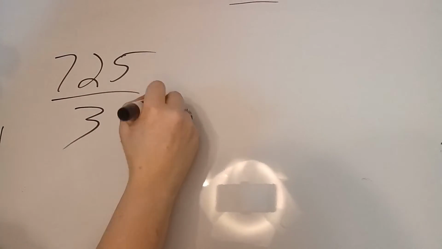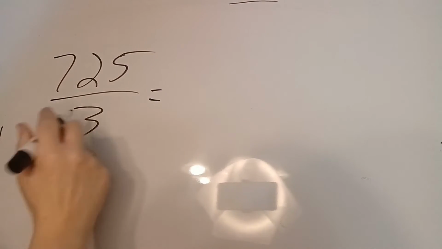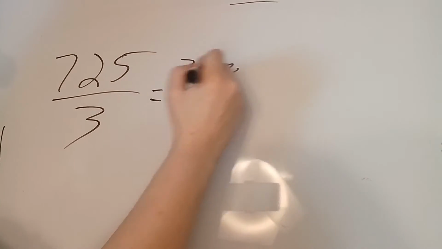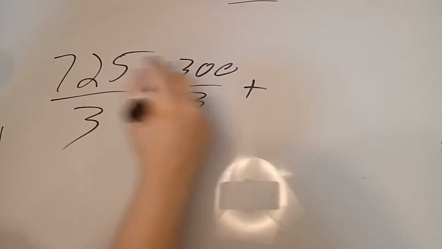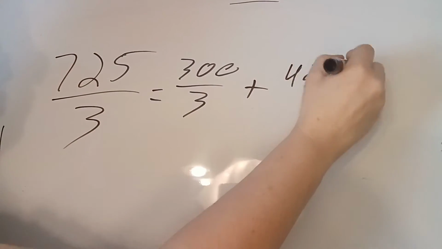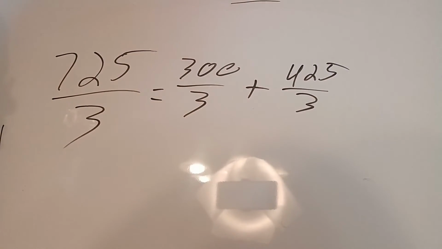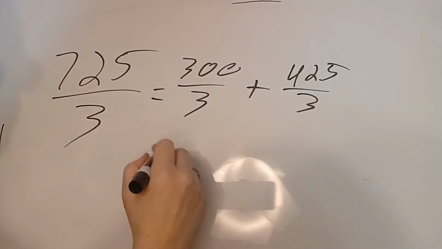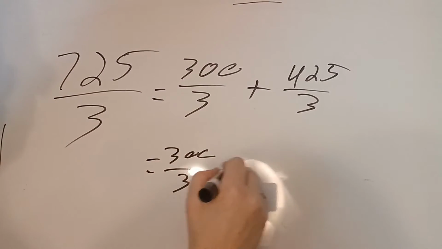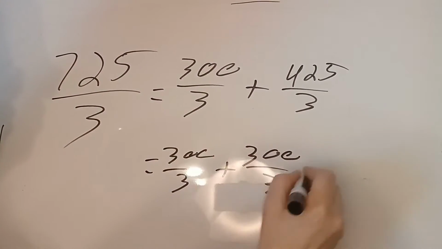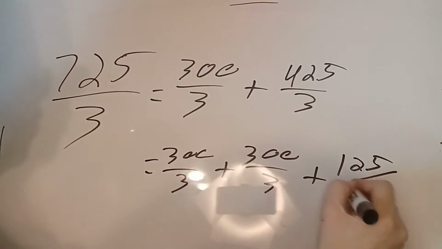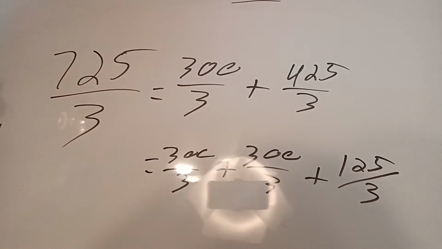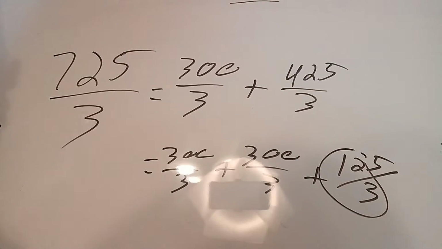I'm going to just pull 1 out. I'm going to pull 300 over 3. That gives us 425 over 3. We can pull another one out so that we've got, all right, now I see a 12 and a 3.